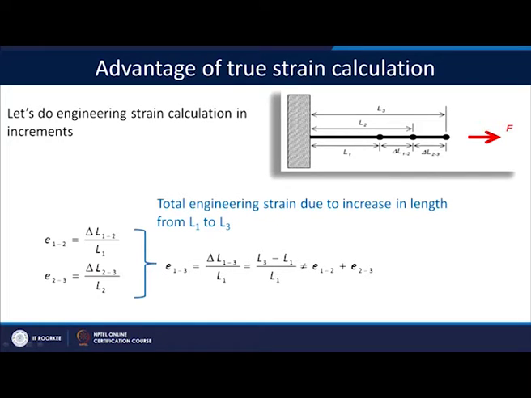So when we take engineering strain in increments versus in one shot, the value of strain in both cases is not going to be the same. That means there is some problem in the calculation of engineering strain, because if my length is the same, the strain should come out the same in both cases. That is where the importance of true strain calculation comes in.